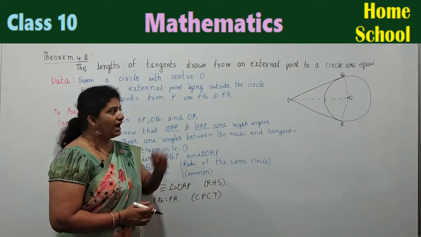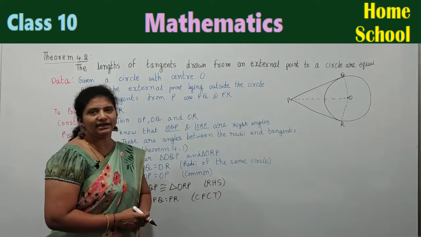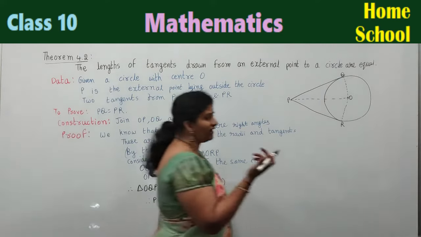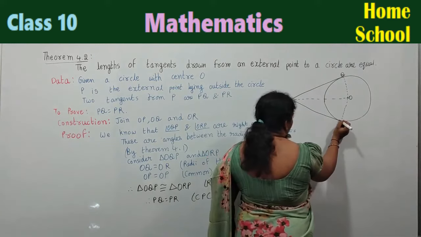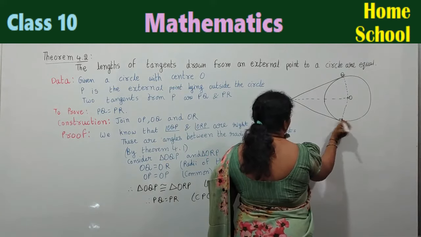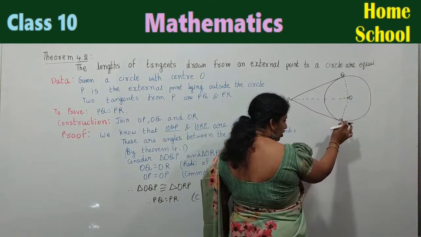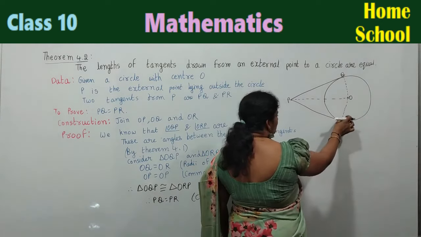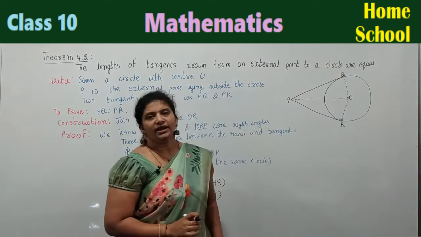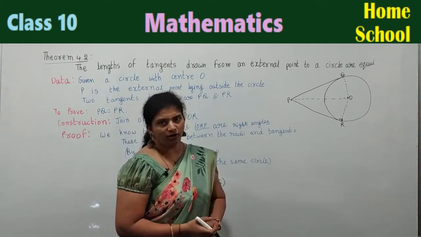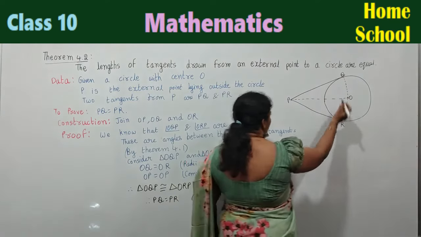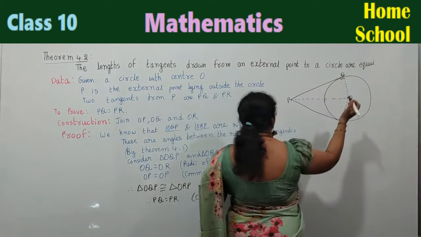I can see two right triangles. Where are the right triangles? From Theorem 4.1, a tangent drawn to a circle is perpendicular to the radius through the point of contact. So this is perpendicular and this is also perpendicular.